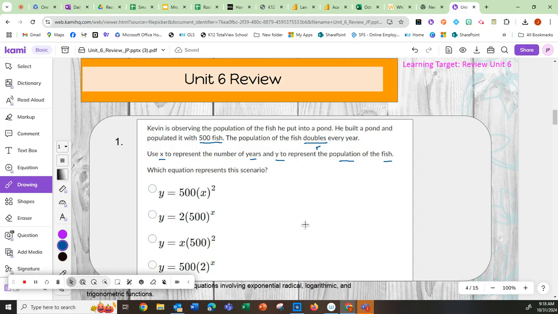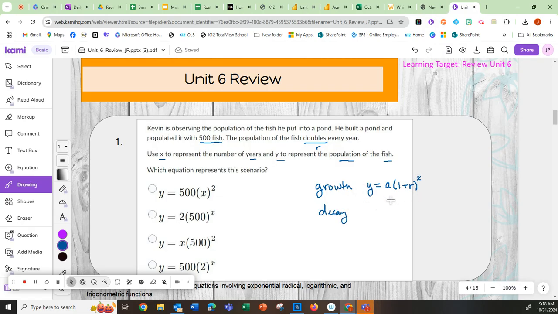So in mathematics, we have two separate formulas. One is growth, and that formula says Y equals A times (1 plus R) to the T, or to the X. And then we have a decay formula.